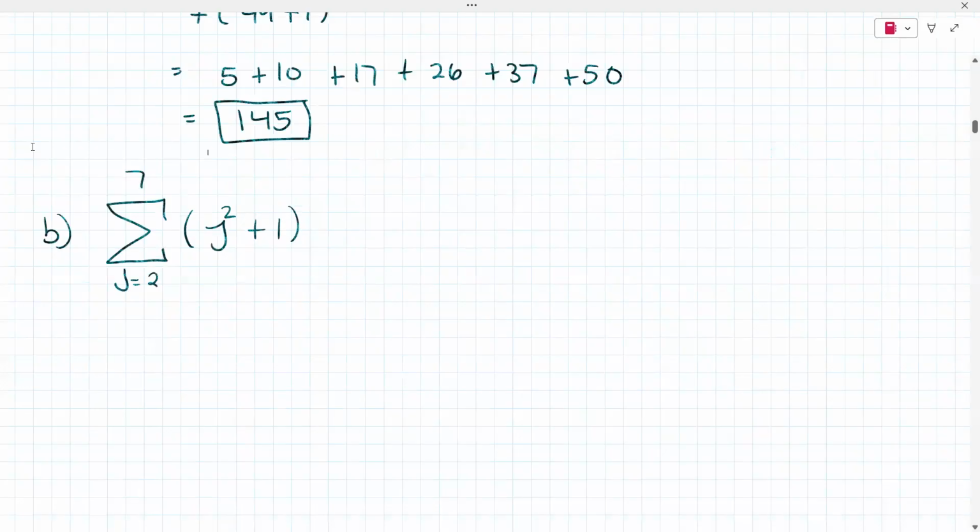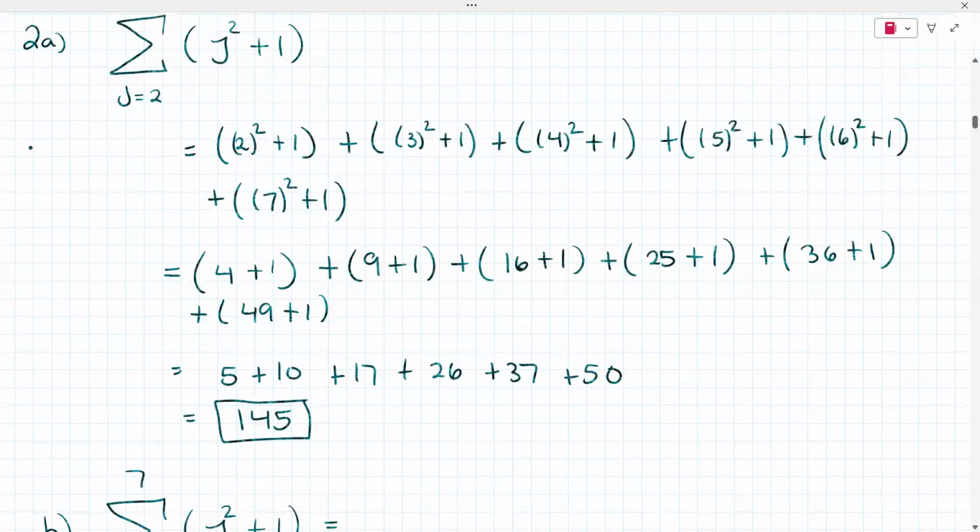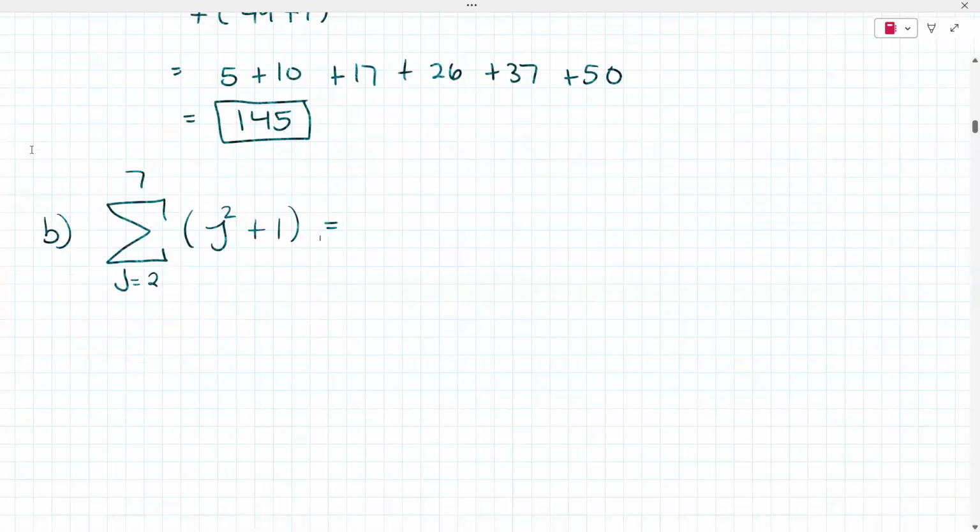Okay, what about b? The shortcut is, if you want to do this again, you can rewrite this as two separate summations. This b is the same thing as the first problem, it's just that you can break it apart.